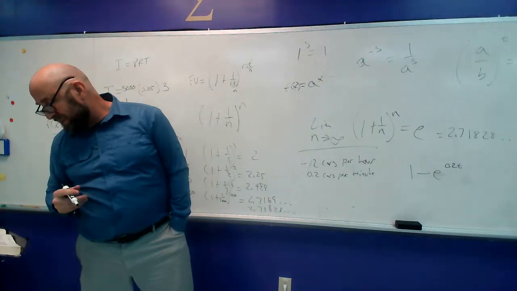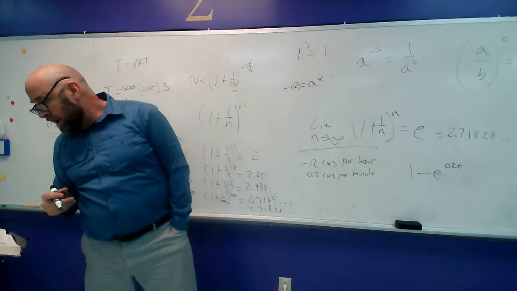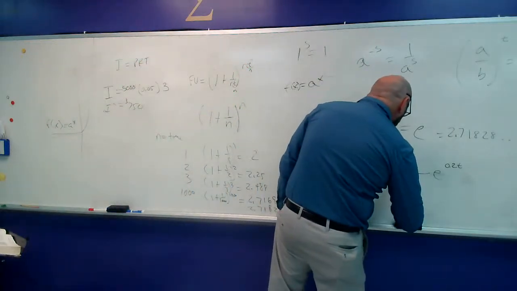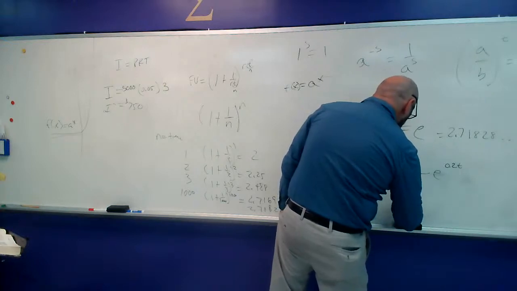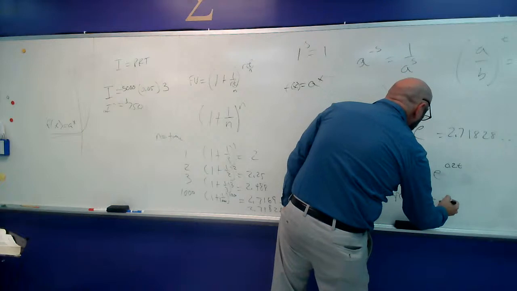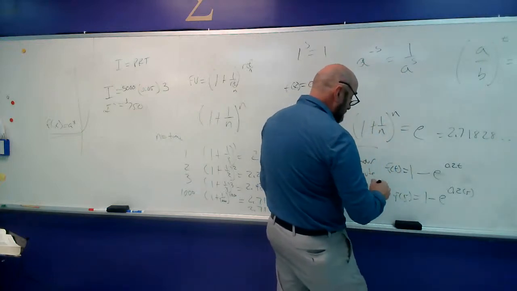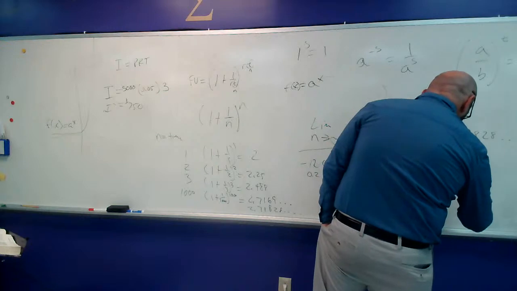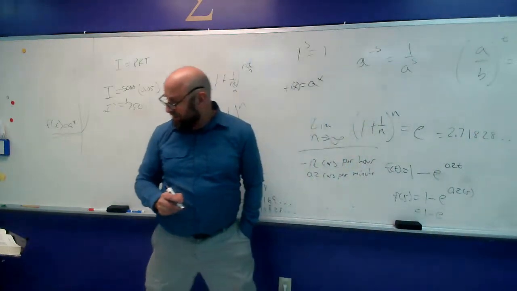So yeah, the t is 5, so minutes. So f of 5 is 1 minus e to the 0.2 times 5. So it's 1 minus, is that e to the 1?